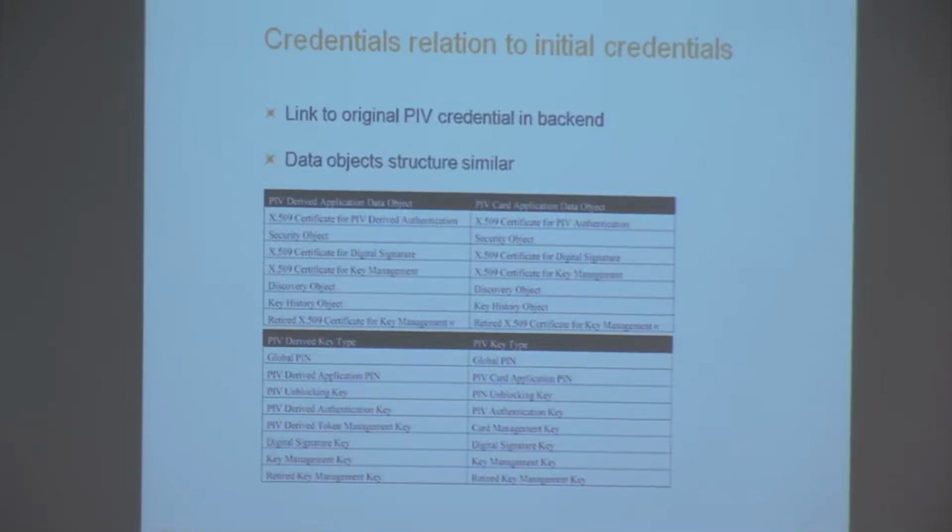There are different ways to do that, and NIST does not specify which one to use. There could also be a way to link them by adding in the derived credential some information related to the initial credential, like the hash of a certificate, to maintain the link within the derived credential itself, in addition to the link maintained by the backend.